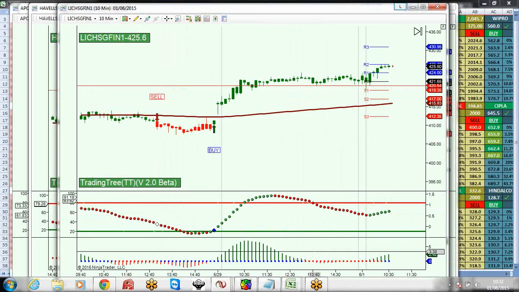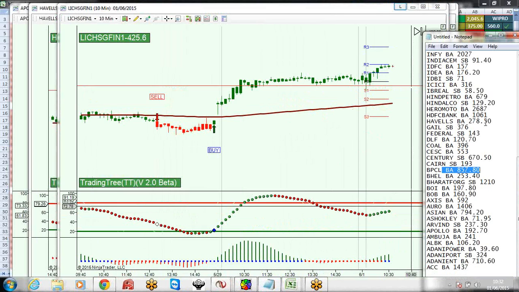So 424 was the entry for the LIC Housing Finance.